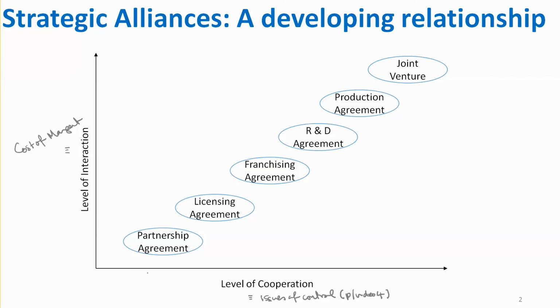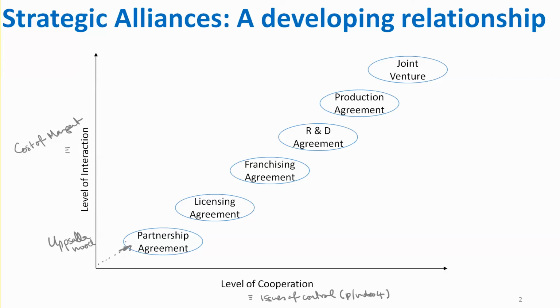Okay, so the first step often involves some kind of partnership agreement, and you will recall that we have the Uppsala model, which helps us to understand how that initial interaction, initial relationship starts.